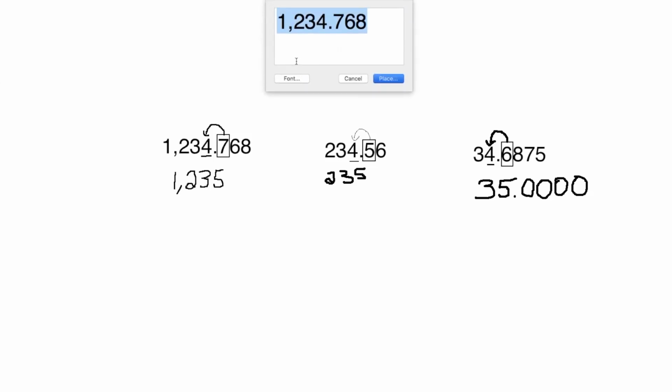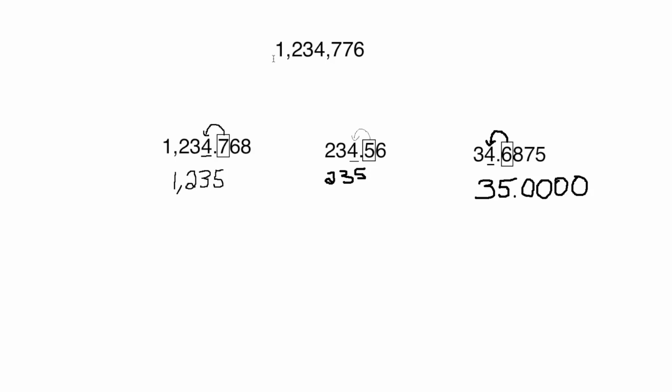What happens if you get a large number, like so? 1,234,776, and it says rounded to the nearest thousands place. Again, underline the digit it's asking you for, the place value.